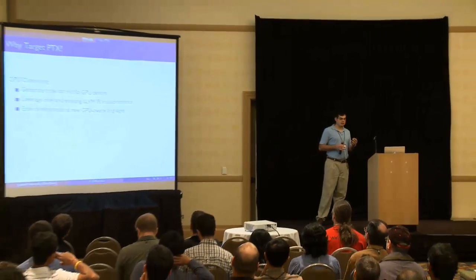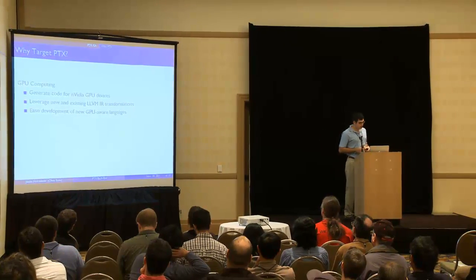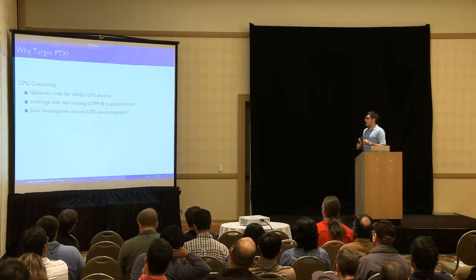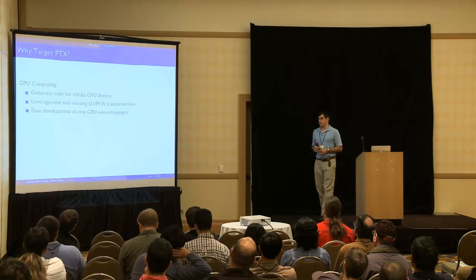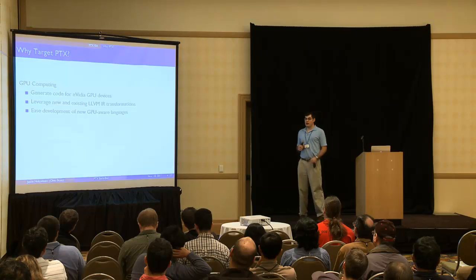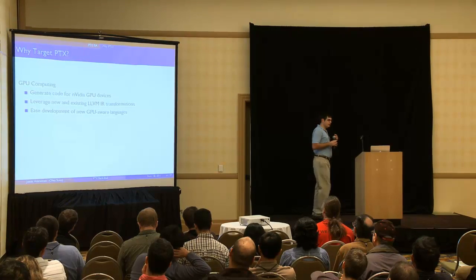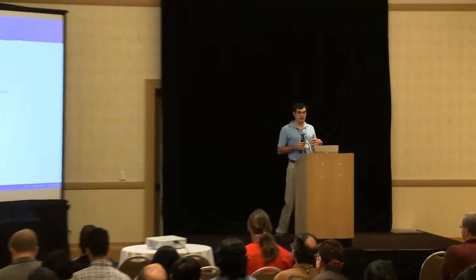So why do we care about supporting this PTX code? This will allow us to use LLVM to generate code for NVIDIA GPU architectures. So this allows us to take advantage of all of the existing optimization and analysis work within LLVM, as well as any new optimizations that we can write specifically for GPU targets.